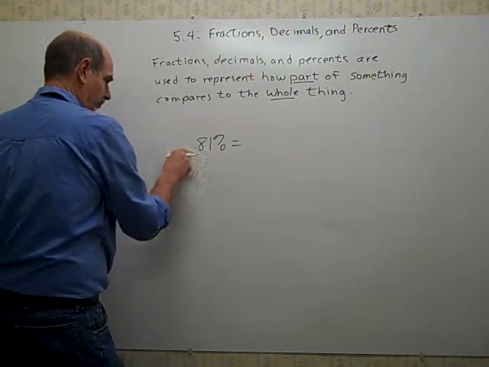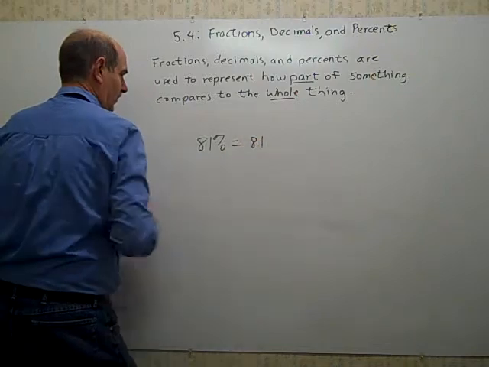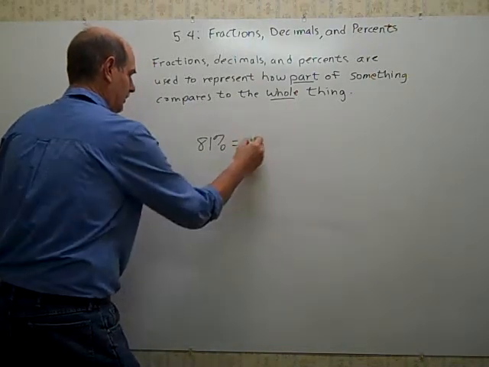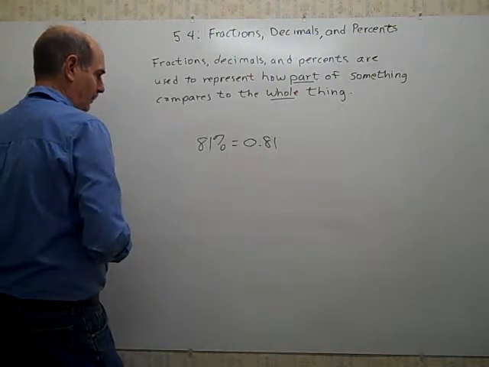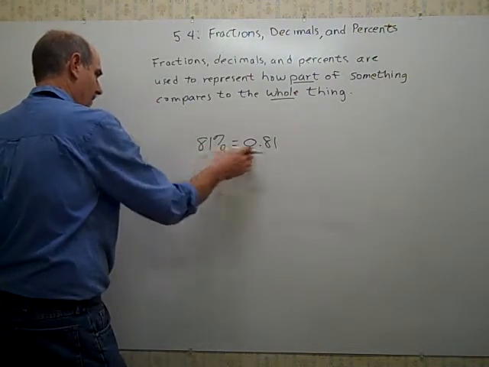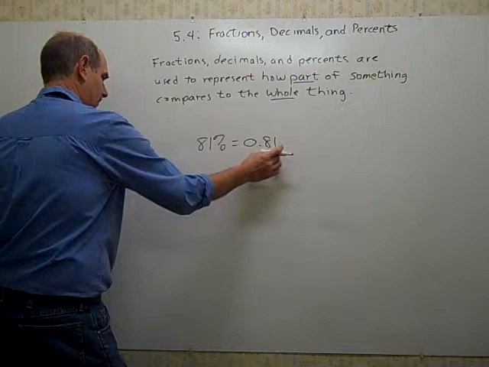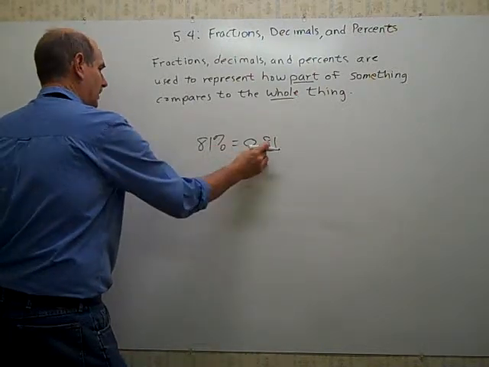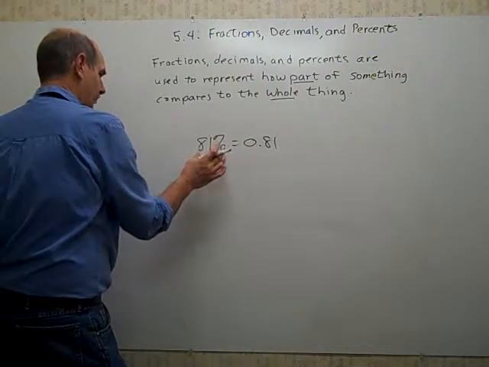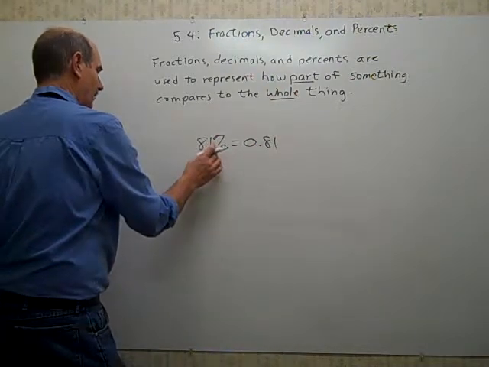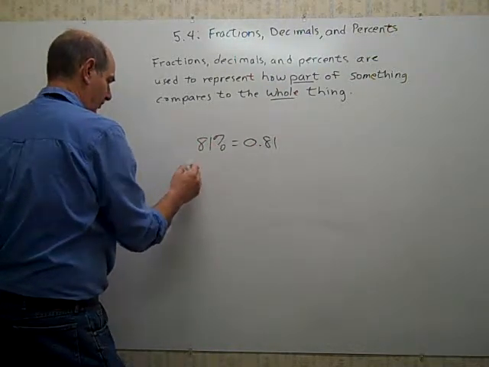So we're going to move it 2 places to the left. I want to put a 0 in here. And drop the percent sign. So we're kind of thinking reverse from what we did when we went from here to here. When we went from a decimal to a percent, we multiplied by 100 and attached a percent symbol. When we go from percent to a decimal, we divide by 100 and drop the percent symbol.